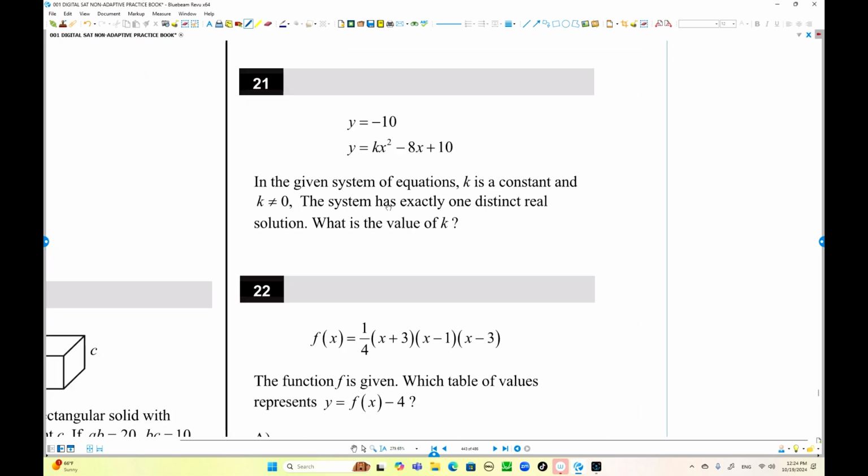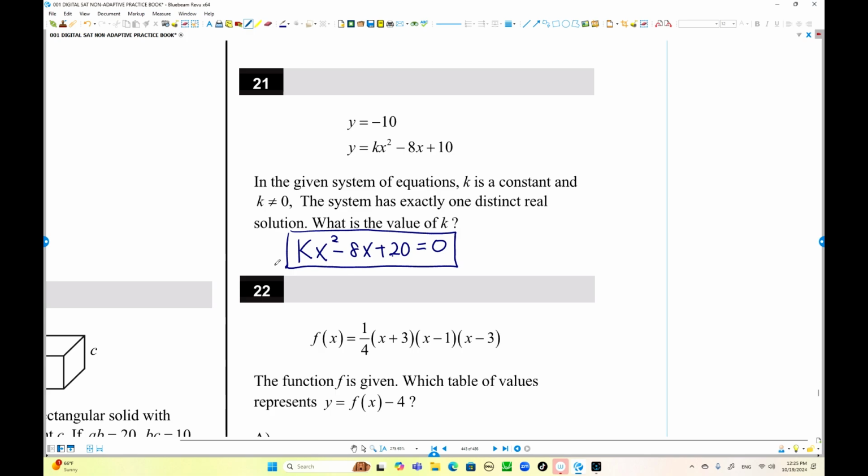This is 21. In the given system of equations, k is a constant, k is not equal to 0. Yeah, that is quadratic. The system has exactly one distinct real solution. The discriminant, right? When you set up the equation, plus 10 equals negative 10, that equals 1. Plus 10 plus 10 on both sides, 20 equals 0. Okay, that is the quadratic equation.